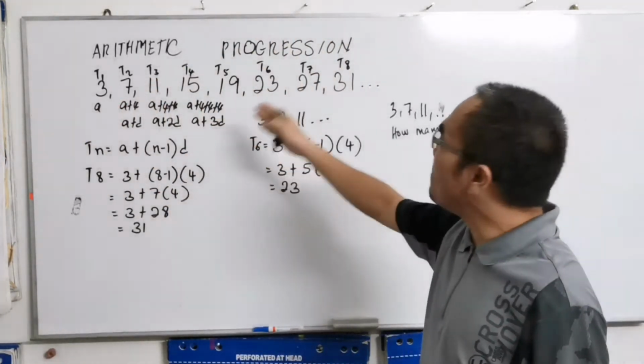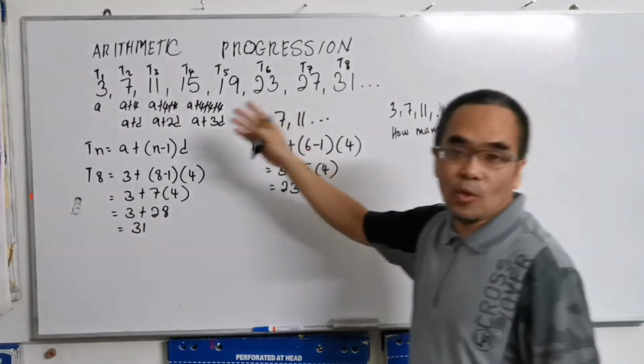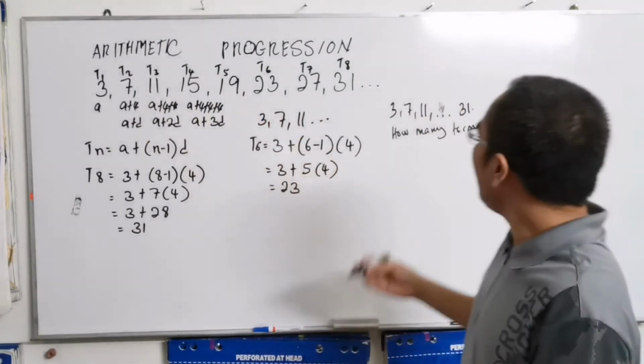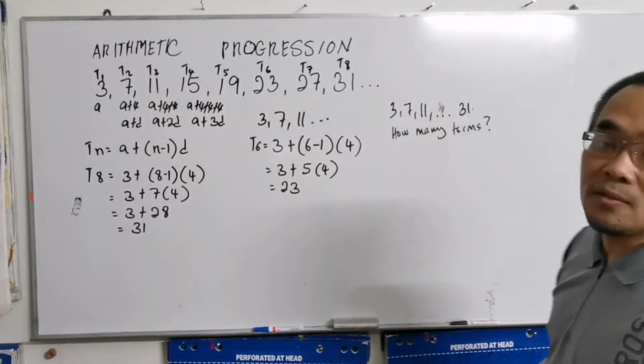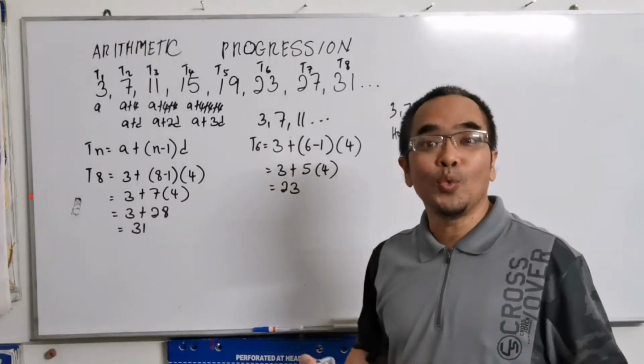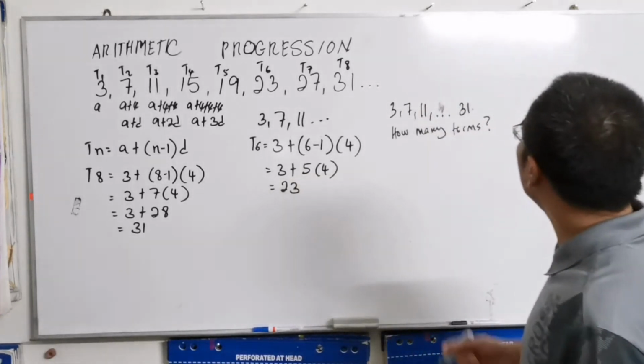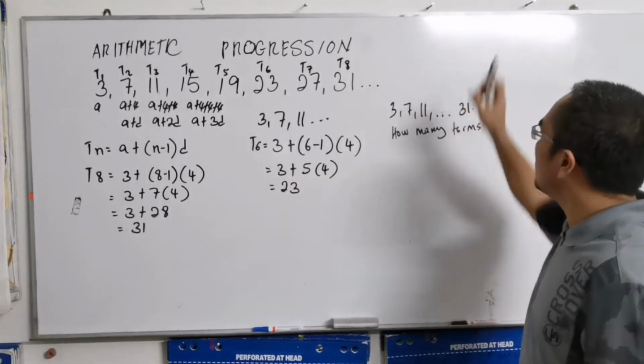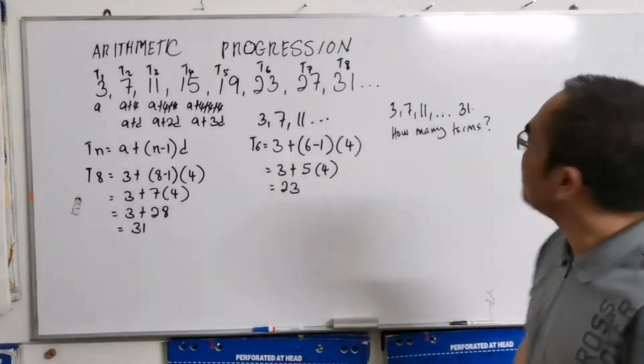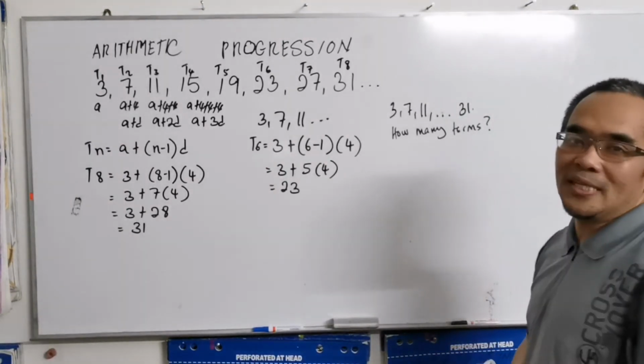If the number is small like this, then it's okay to write down. But this is hypothetical, so you are not going to be given this easy question. The sample is easy, but the real question will not be this easy.